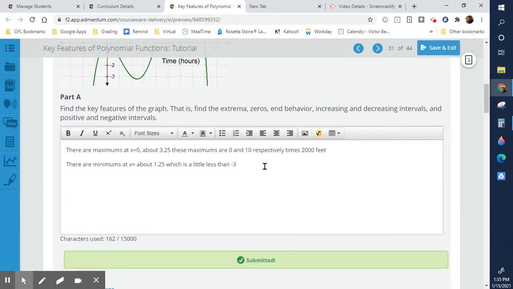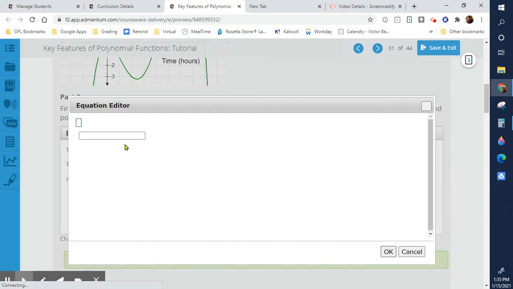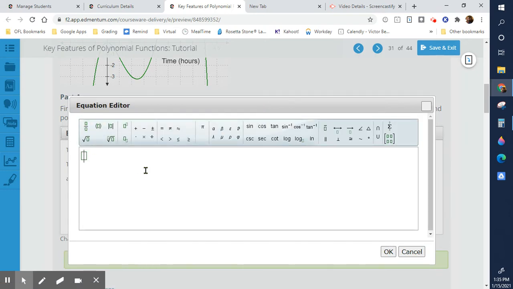So as x approaches negative infinity, if you want to use a symbol, you can use the equation editor. So I'm going to do this one as x. There's actually an approach symbol right here. Oh, but it has a little thing at the bottom.